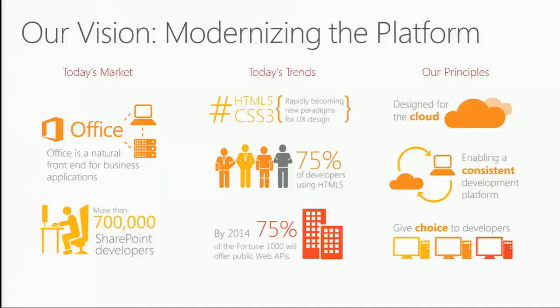So when we were envisioning this whole platform, these capabilities for the cloud app model, we had different things we were thinking about. First of all, obviously SharePoint and Office are great productivity tools. And with your mobile devices, desktops, and tablets, there's a need for applications, and there's a need for productivity applications.